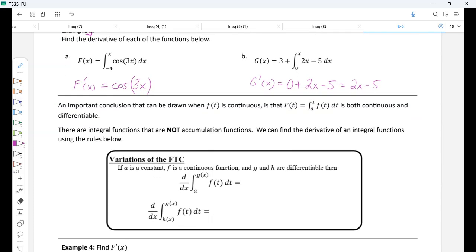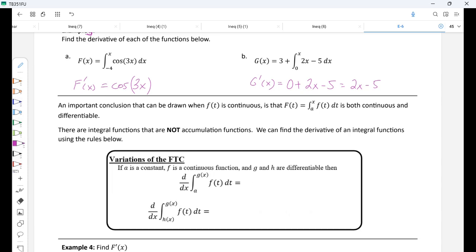An important conclusion that I mentioned here, but I know sometimes shows up in questions, is we are saying that capital G of x is differentiable by basically writing it as an accumulation function. As long as the function on the inside is continuous, then G prime exists. So if I wanted to know if capital F of x is differentiable, yes, because cosine of 3x is continuous.